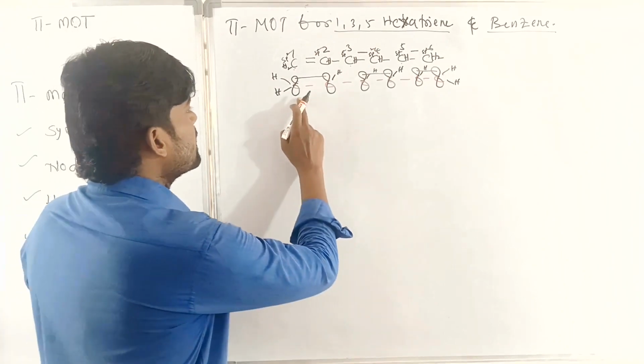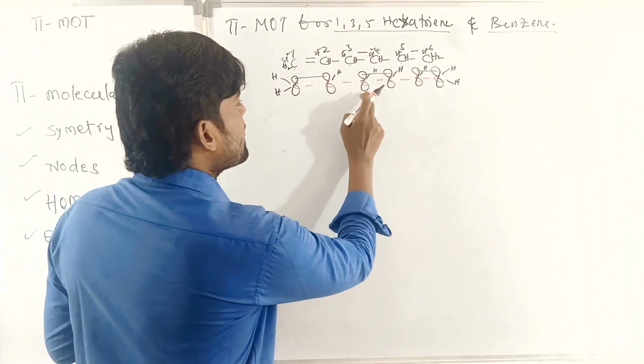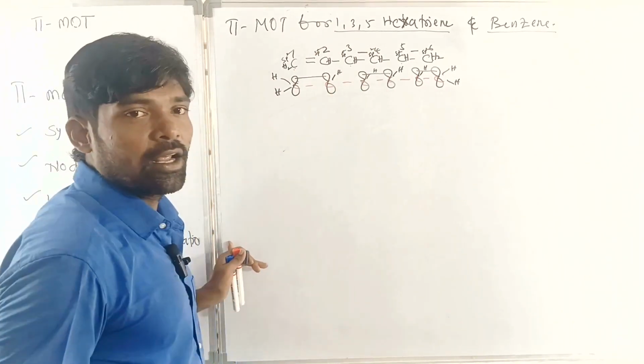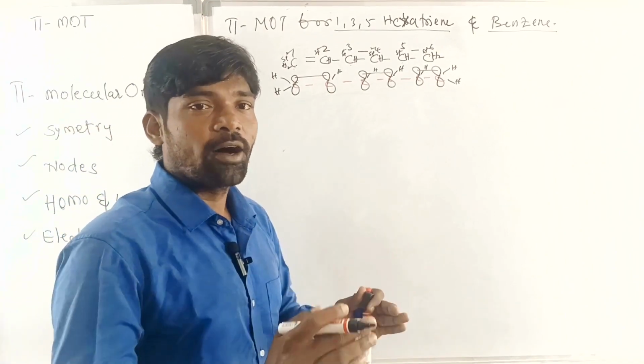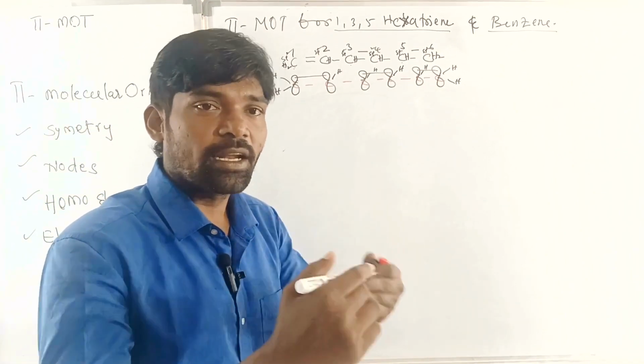So now these 6 unhybridized p orbitals are there, so 6 molecular orbitals will be generated.